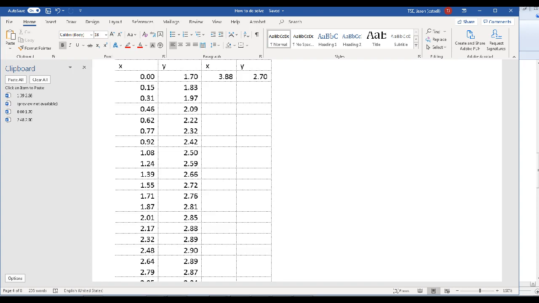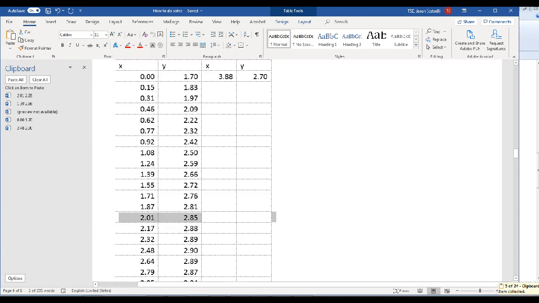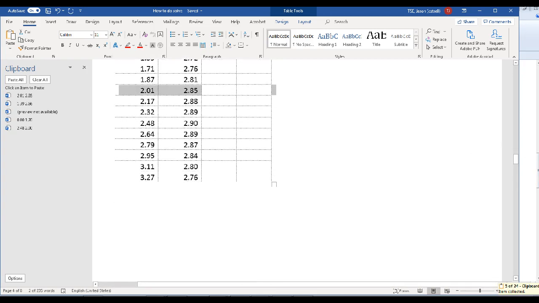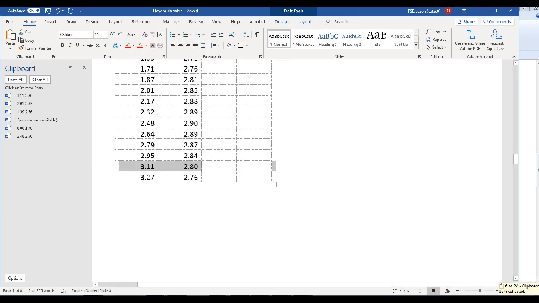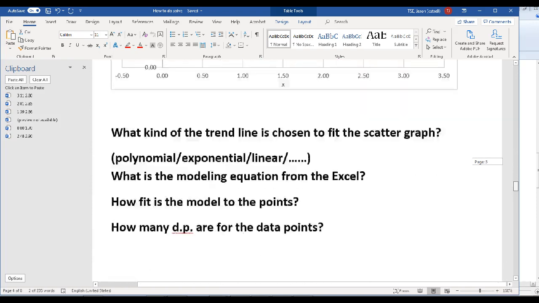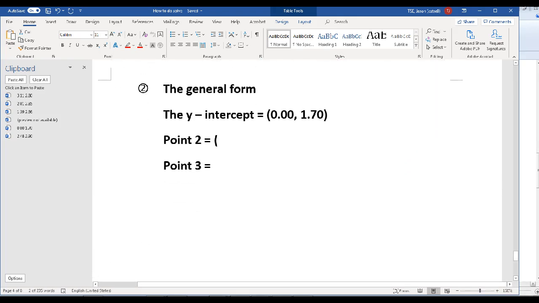We really want to use other points to find the general form. Let's do this one. This one is one of the points, and for the other one, let me pick this point. So you see, I am not going to use the vertex, but I could still use the y-intercept, because the y-intercept is so useful.